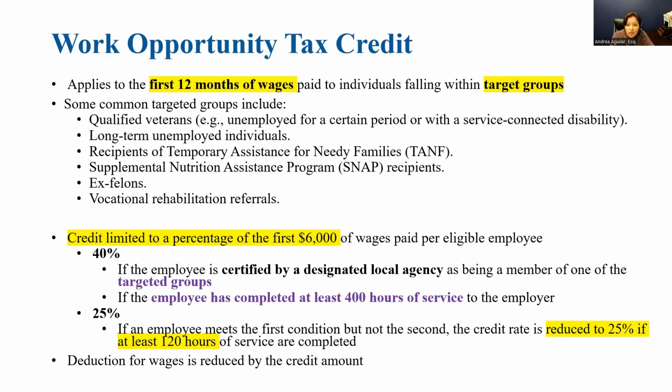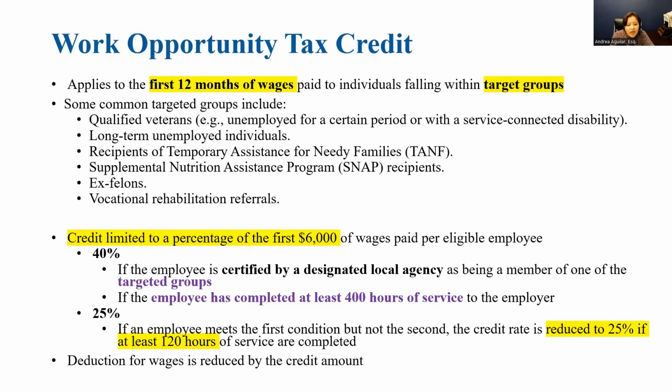But if you are working with an individual that belongs to this target group but doesn't meet the 400 hours requirement, then you can claim only 25% of the first $6,000 of wages that you have paid to this employee.